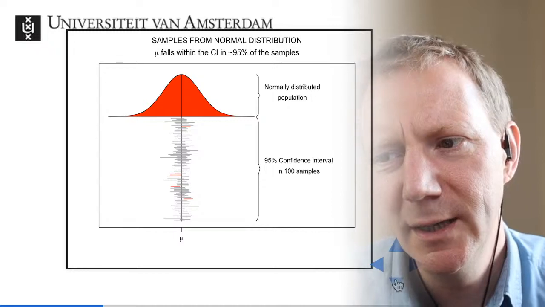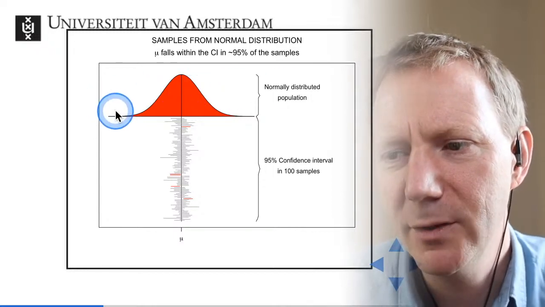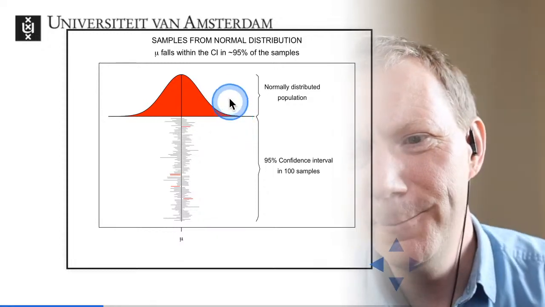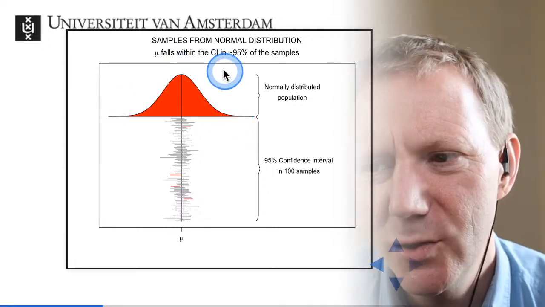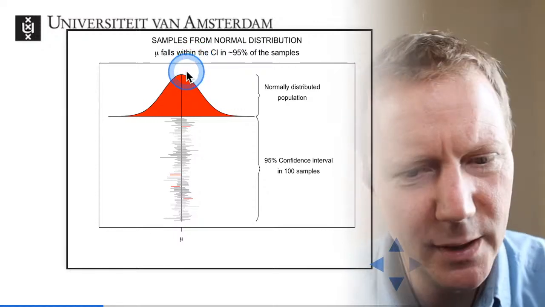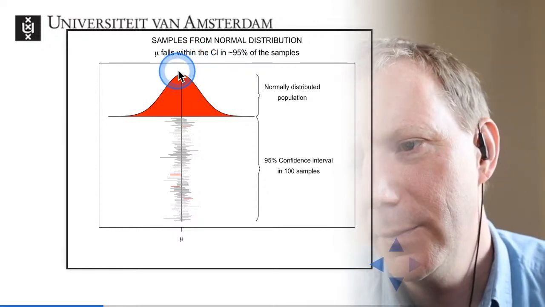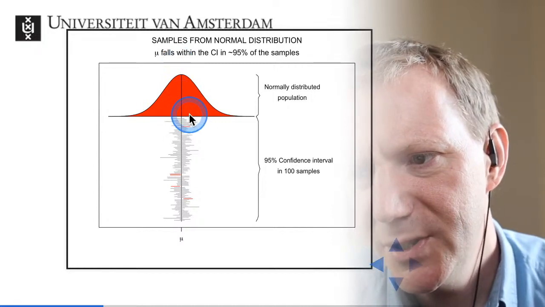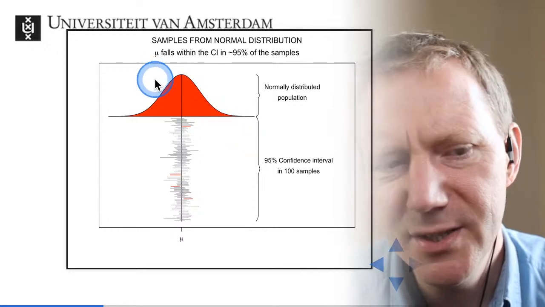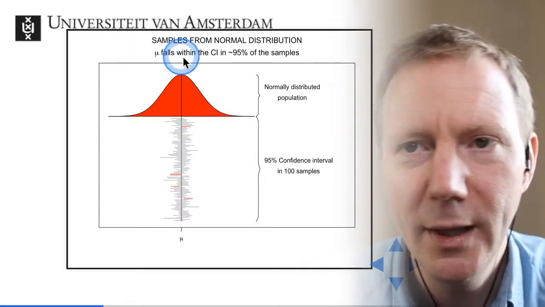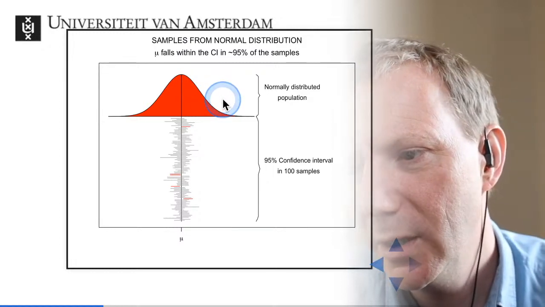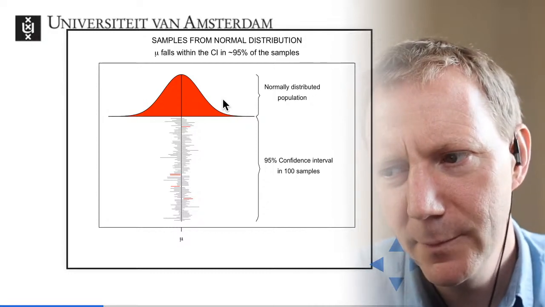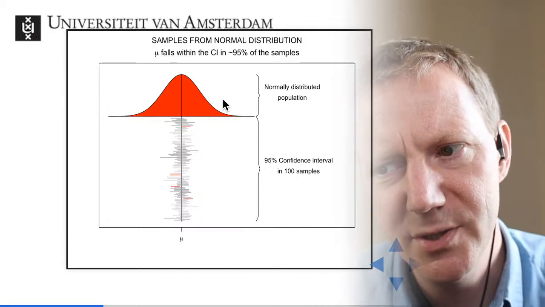So what I've done here is I have a population, some population, whatever, that is normally distributed, and we have a population mean, a mu, that you will find right in the center here. So what you see here is that from this population, I have sampled, I've pulled a sample, but I've done that 100 times.